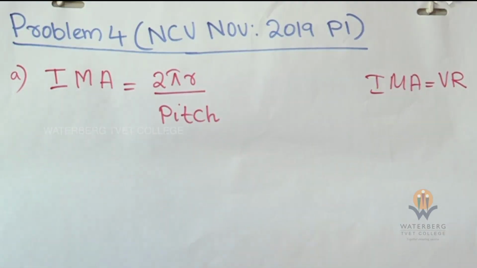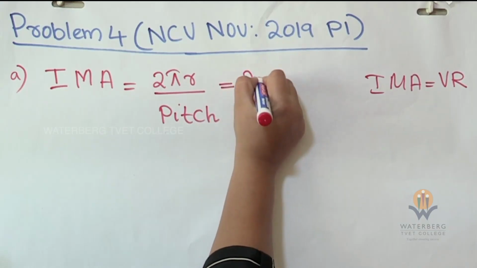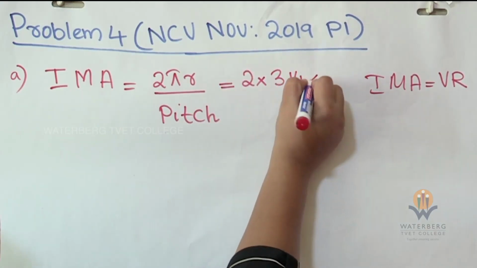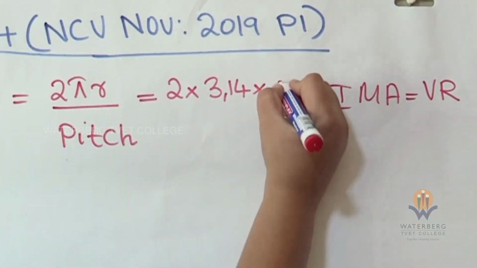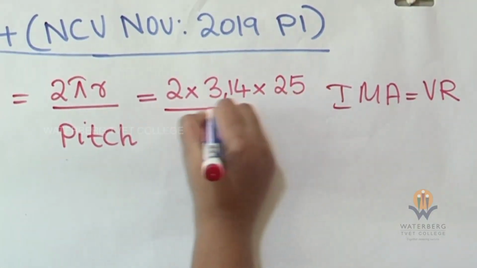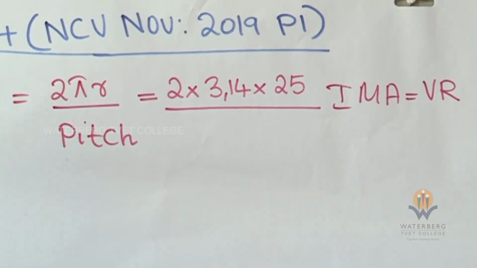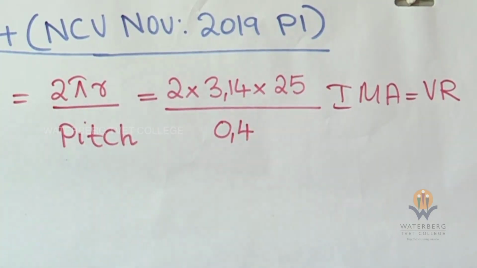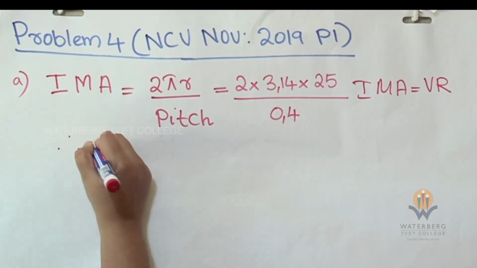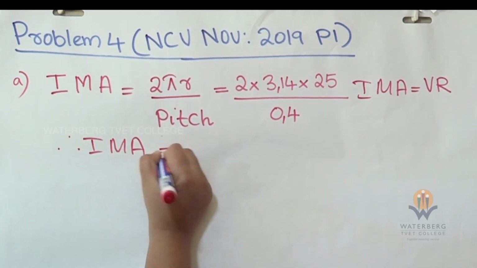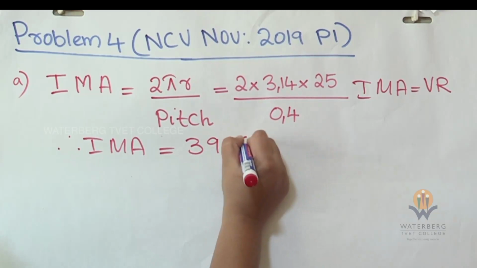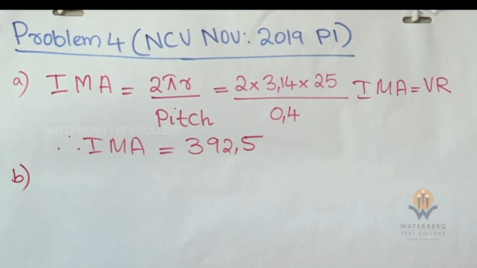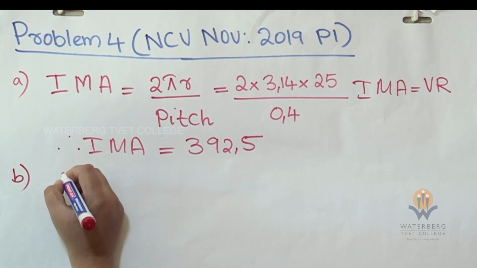If the question asks velocity ratio, it's still ideal mechanical advantage: 2 pi r over pitch. 2 times 3.14 multiplied by the radius, which is 25 centimeters, divided by the pitch, which is 0.4. Therefore, ideal mechanical advantage is equal to 392.5.